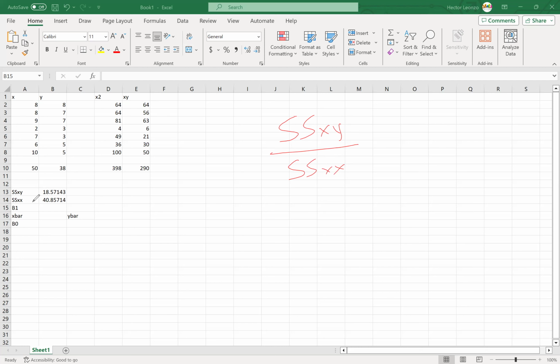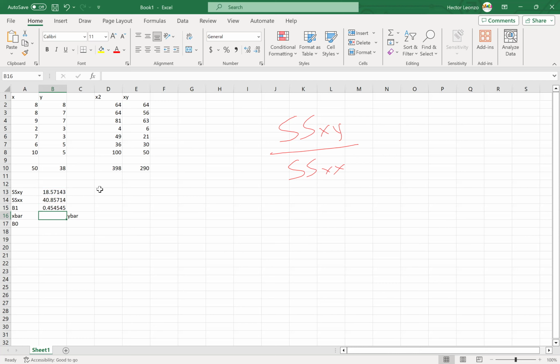And I have those values here. So I'm going to press equal, and then this number divided by this number. Press enter.